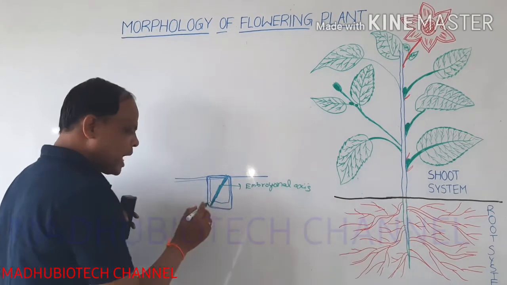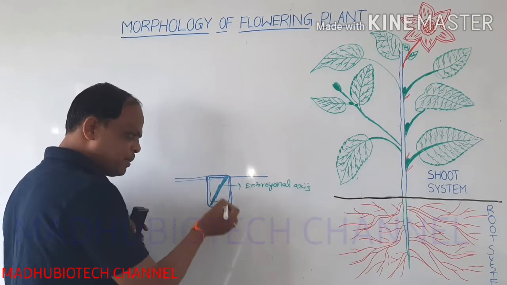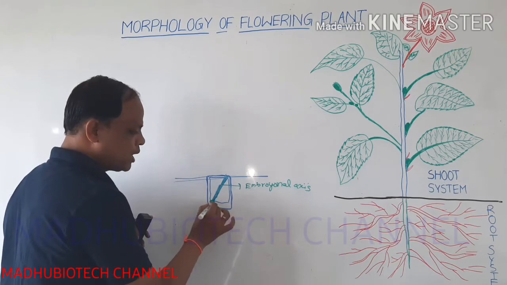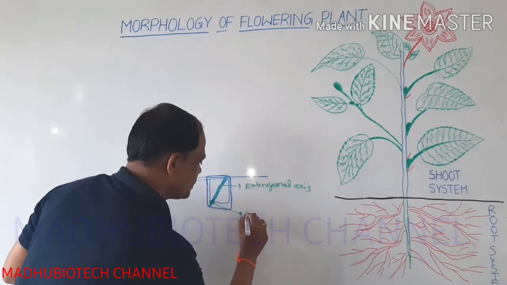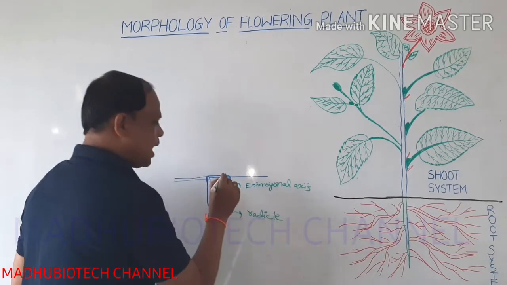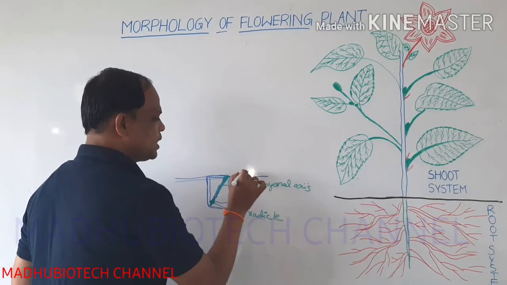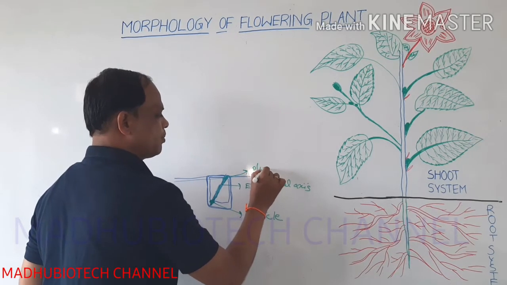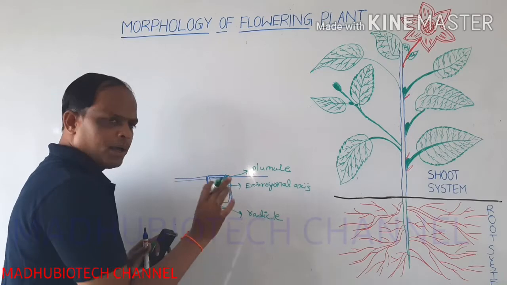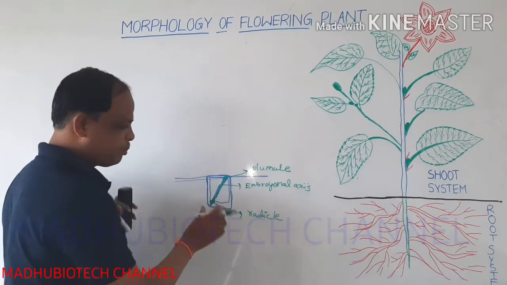The embryonal axis contains a below part at this end, which is called the radicle, and this part is called the plumule. These are the rough diagram and the basic points.